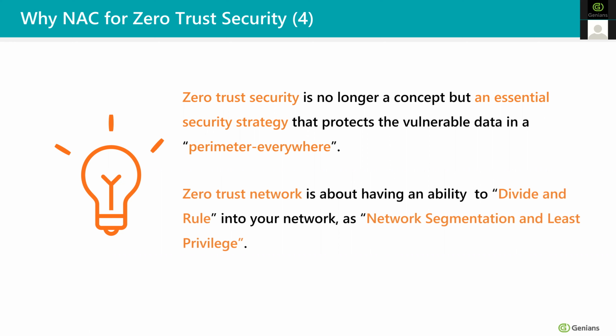Therefore, it is absolutely required to have an ability to divide and rule. You need to divide the network into several segments and then grant devices accessing the inside the least privilege. NAC can do this.